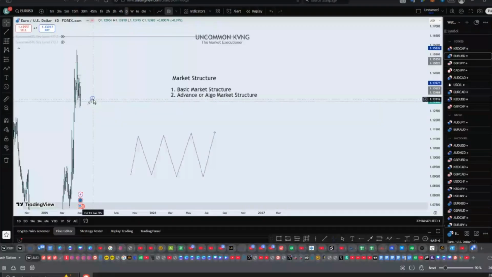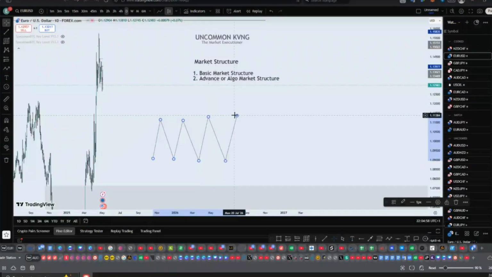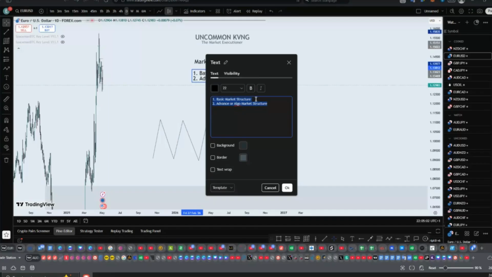Based on your anticipation, there are two things that you need to anticipate for. In a range, there is a lineup of liquidity. So under the algo market structure, let me not confuse you guys. We are done with basic, so we are not doing basic.